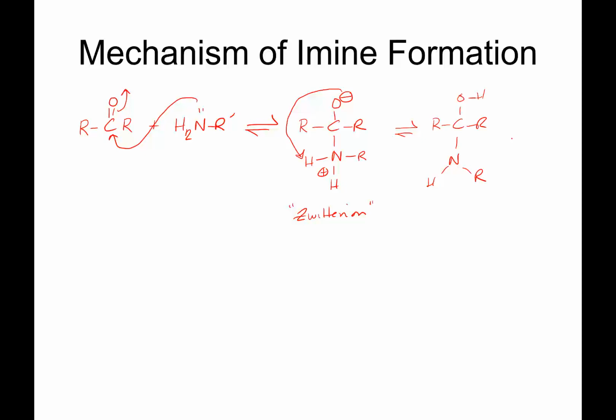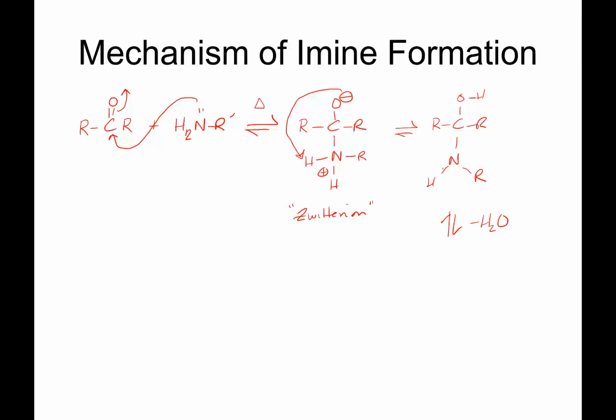And so what happens is that this undergoes an elimination. And it's going to eliminate water. The one thing that happens with this reaction is normally it's done with heat. Otherwise it's kind of hard to imagine this step happening.